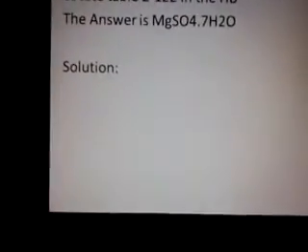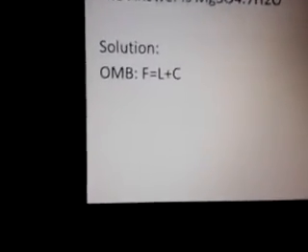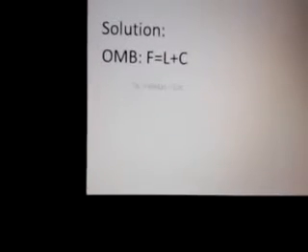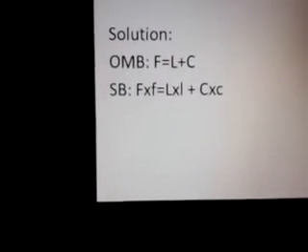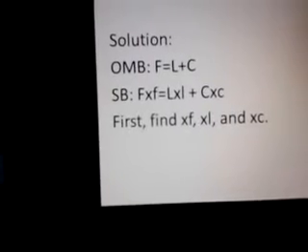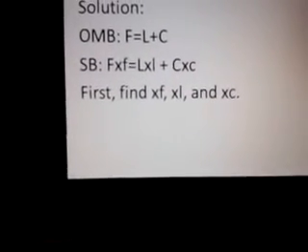So moving on to the solution, make an overall material balance. So F is equal to L plus C. Then the solute balance is F XF equal to L XL plus C XC. So first, find XF, XL, and XC.